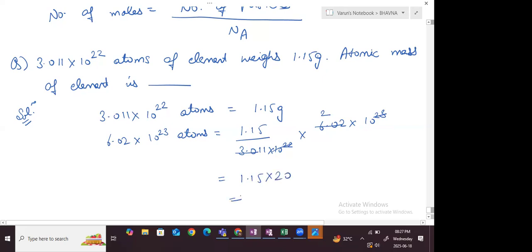That will be how much? So 20 into 1.15 is 23.